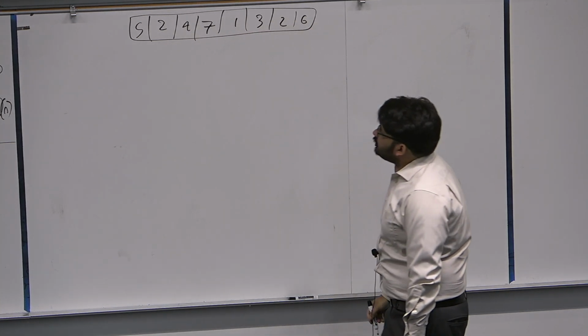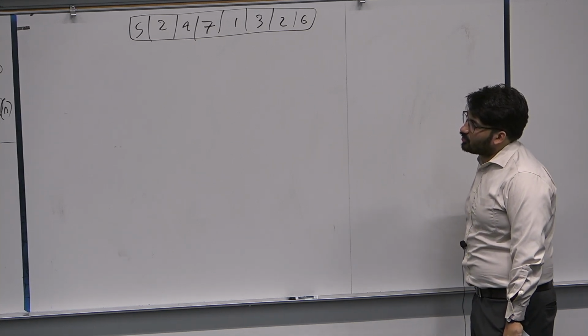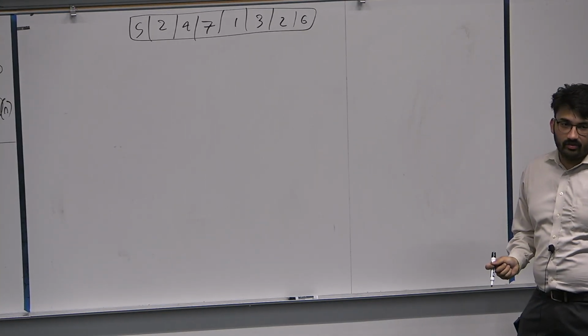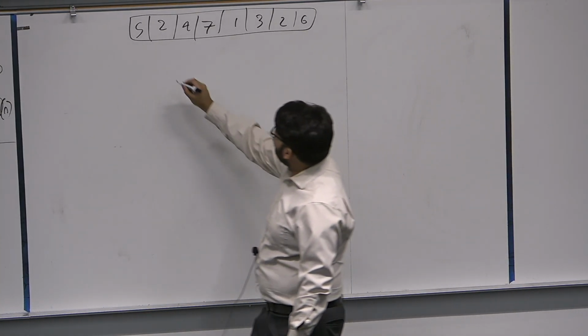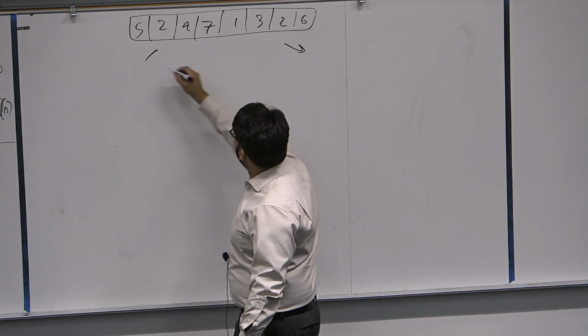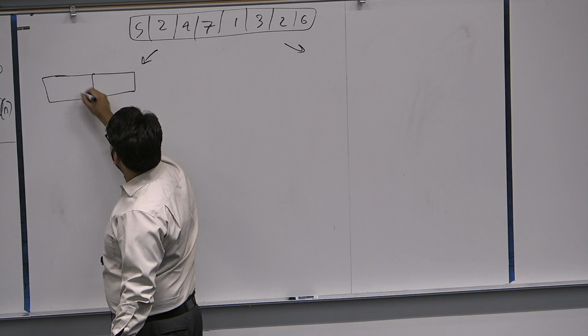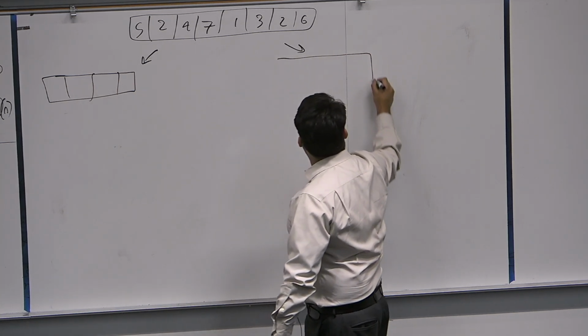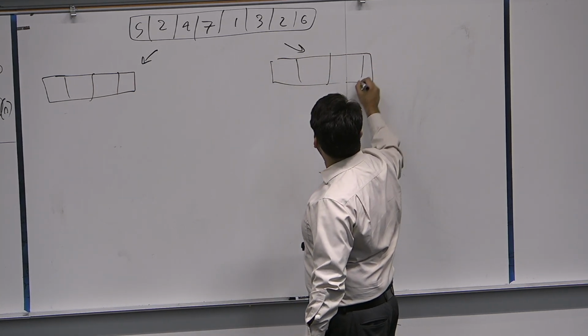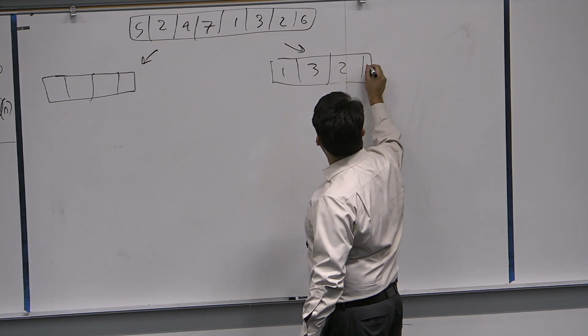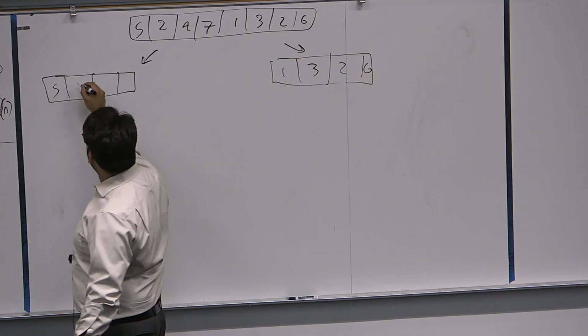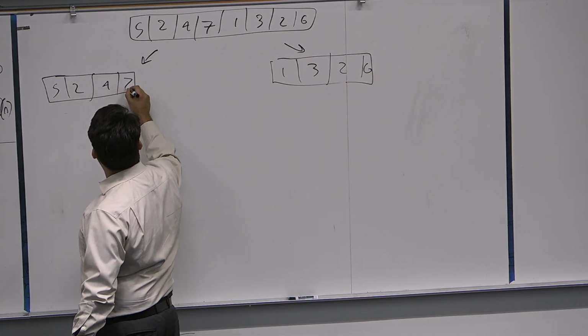Merge sort is first going to recursively call itself on the left and the right half. So this is going to be an array of size 4, and here's going to be an array of size 4. This is going to be 1, 3, 2, 6, and this is going to be 5, 2, 4, 7.